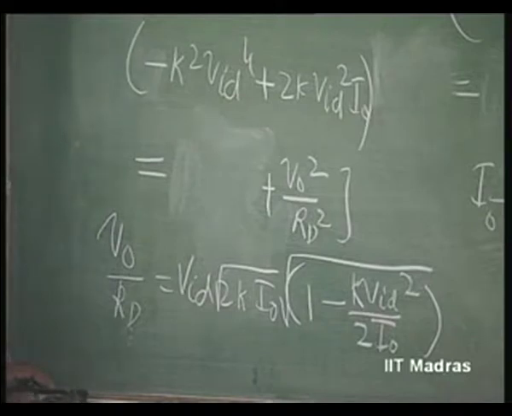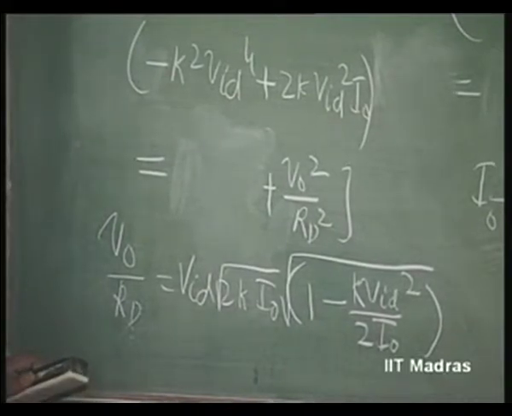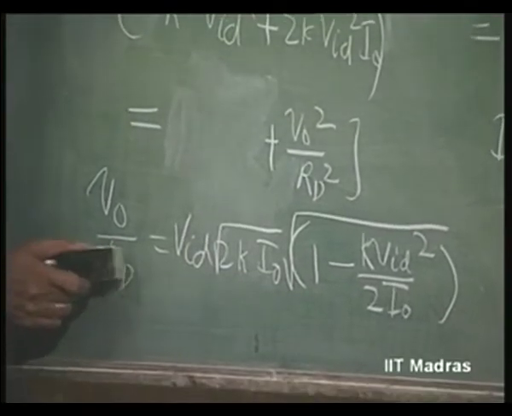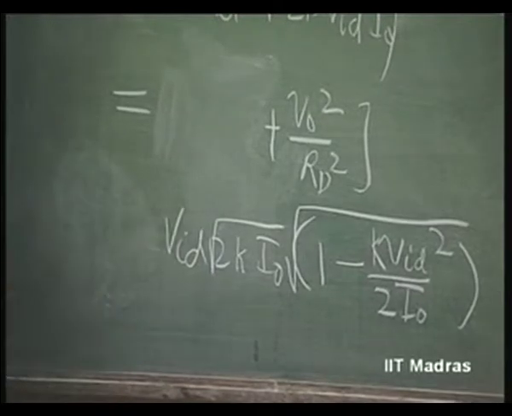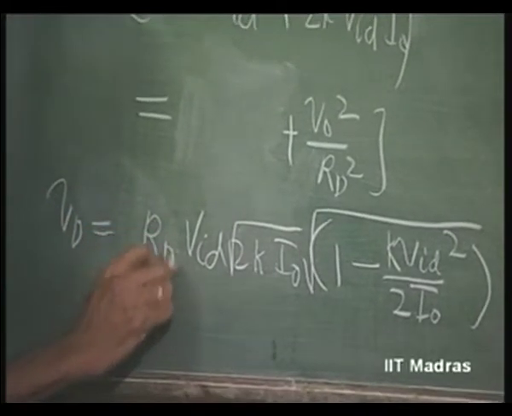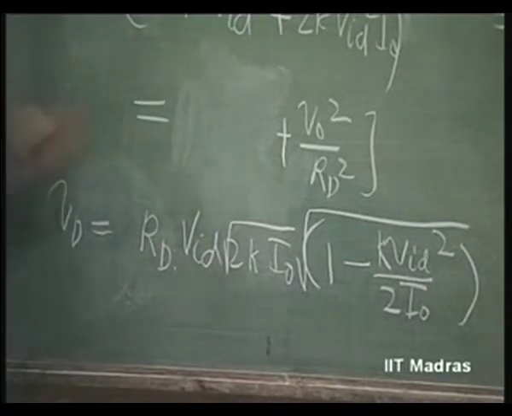So, this is the relationship between input and output, okay, V naught into this. So, V naught is equal to RD, okay, into VID, okay, root of this to that, square root.